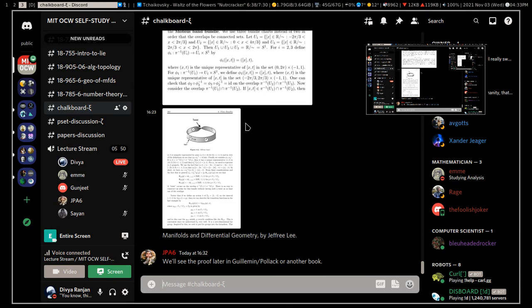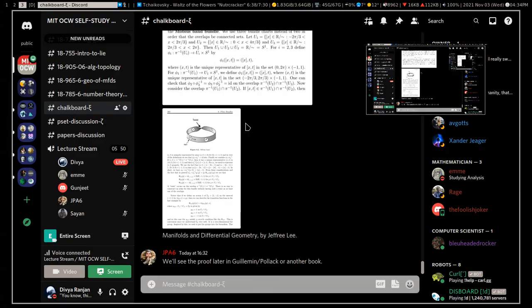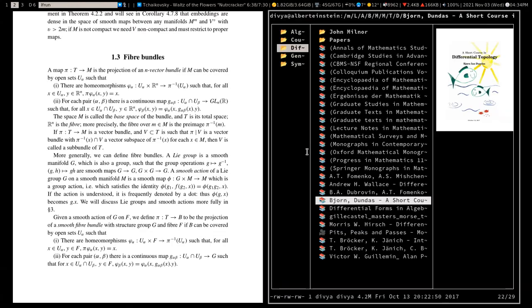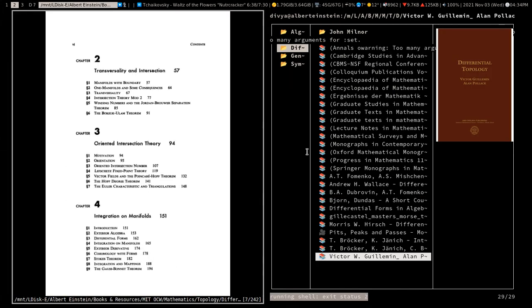In the case of a sphere you can't comb it, but if you have a hairy torus, you can comb it, right? Yes. Easily. Page 134 of Guillemin has the Poincaré-Hopf index theorem. Is that in the oriented and intersection theory part? Yeah.